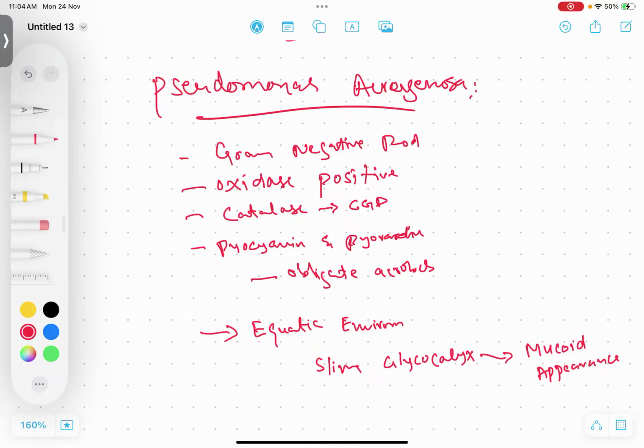So one of the important things is this slime glycocalyx layer. The constituent of this glycocalyx is alginate polysaccharide.